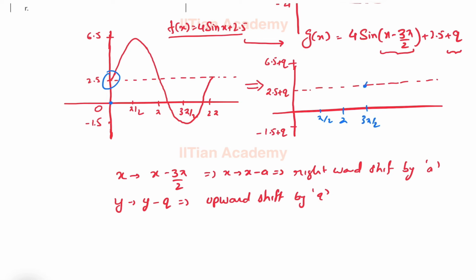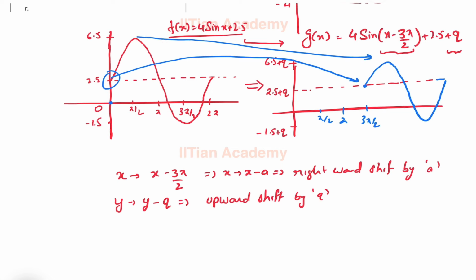So the graph will start from here, it will go upwards, then it will go down, and then it will come back. So this point has come to this, this point has come to this, and this will be 2 pi. So all the points here have been shifted by 3 pi by 2. And then the whole graph has been shifted up by q.